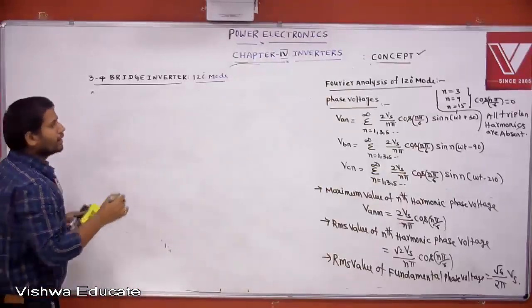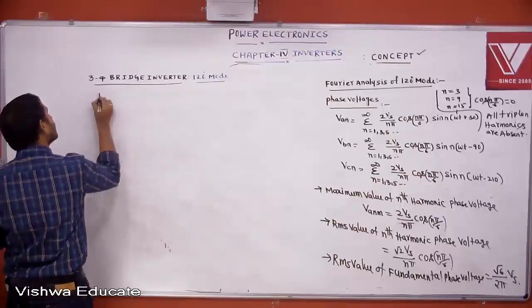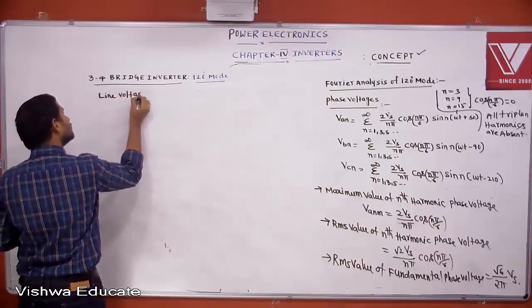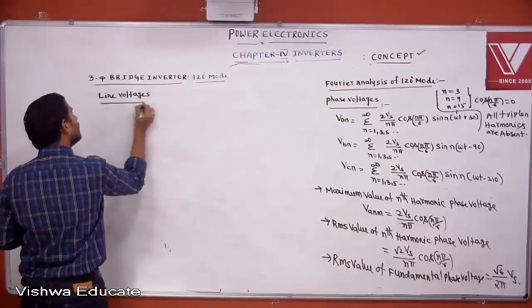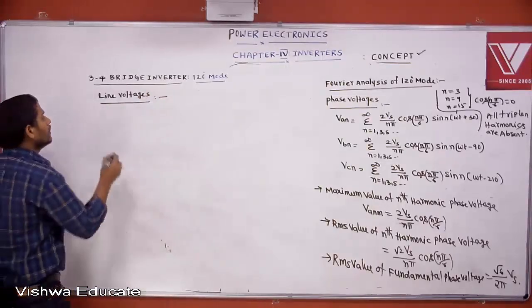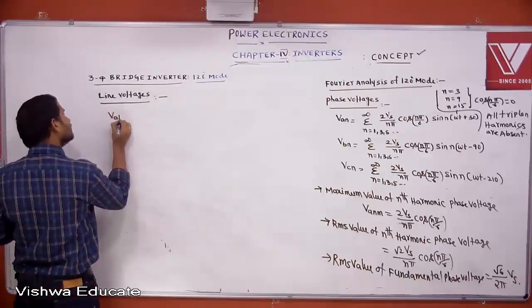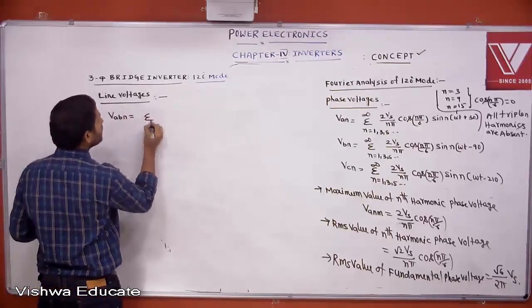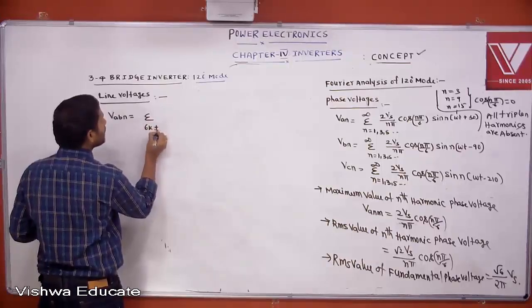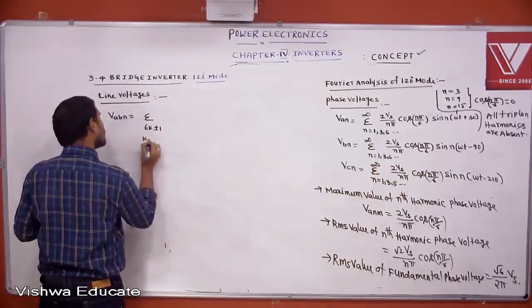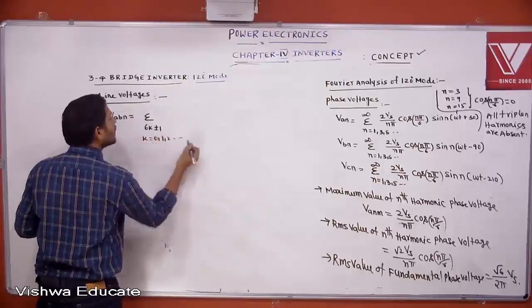VABN is summation 6k plus or minus 1, where k equals 0, 1.